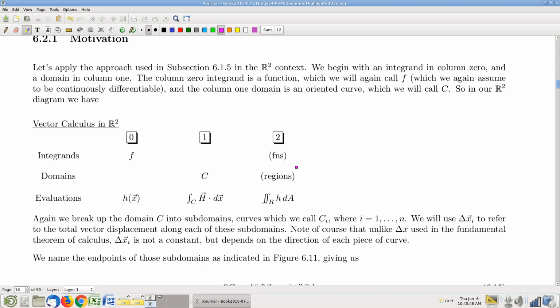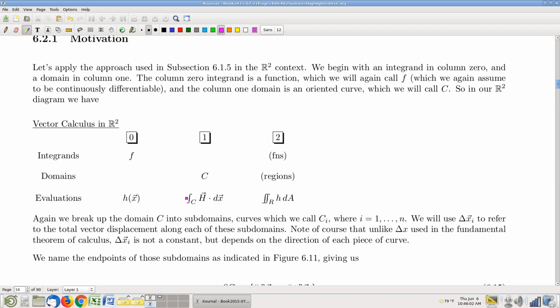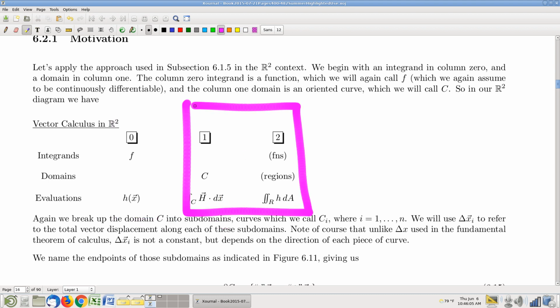Now, there's a couple of different places where I could reasonably ask if the pattern continues. So I could look between column 0 and column 1 and say, hey, if I do that and push down, what happens over here? That's one thing I could ask. Or I could maybe ask over here, hey, what would happen if I took a boundary of a region and pushed down?